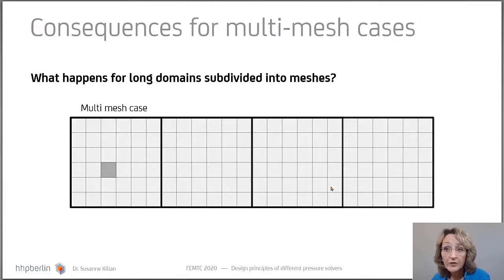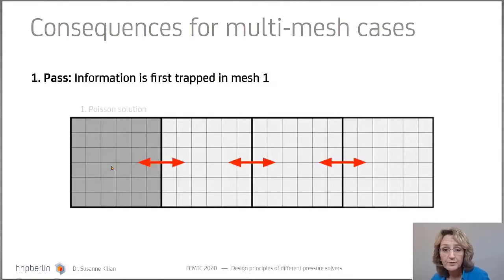But imagine that you now have a very long domain, for example a tunnel, which must be subdivided into single meshes. Now this new information is initially trapped in the first mesh after the first Poisson solution and can only spread over to the next mesh when a data exchange has been performed.